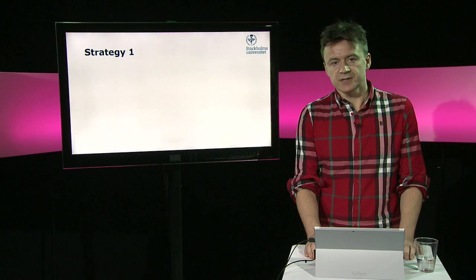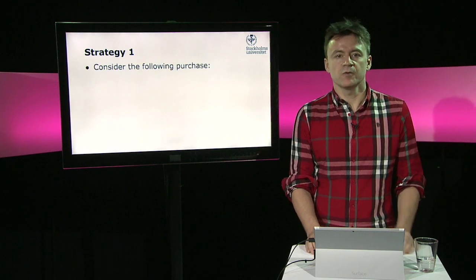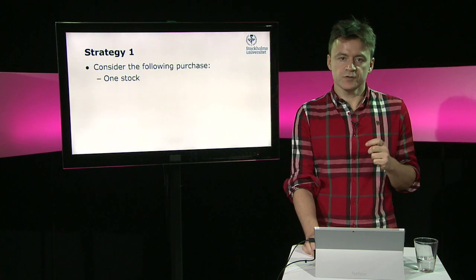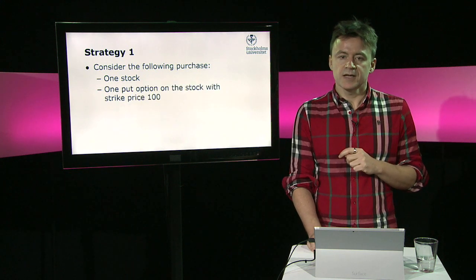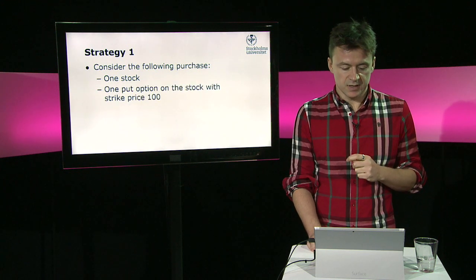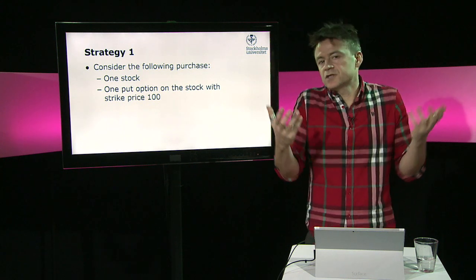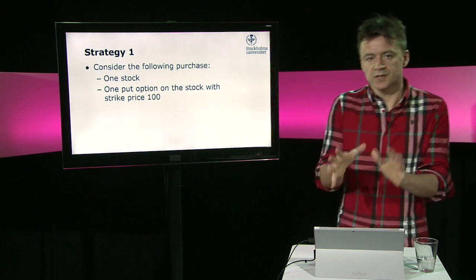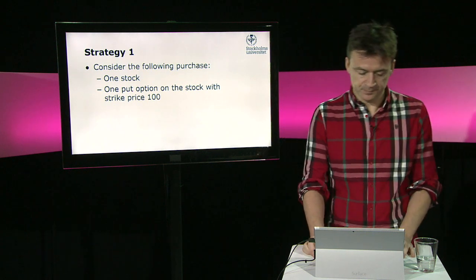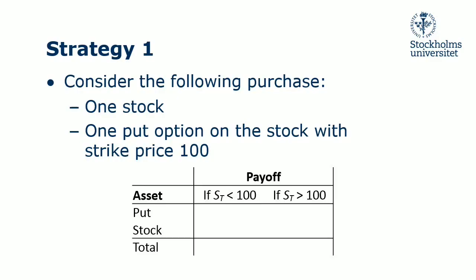So let's start with the first strategy. Now, this first strategy involves the following purchases. We'll purchase first one stock, and then we will purchase a put option on this stock with a strike price, for example, of 100, just to make the example more specific. Now, if we do this, what would be the resulting payoff of this strategy?